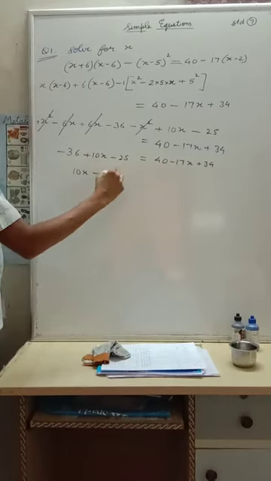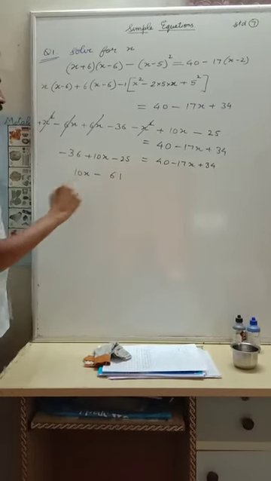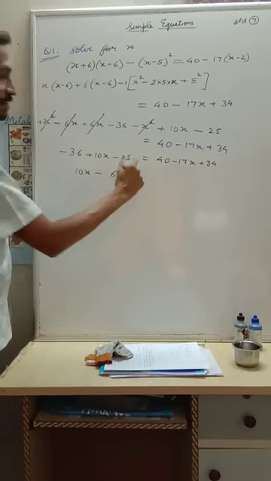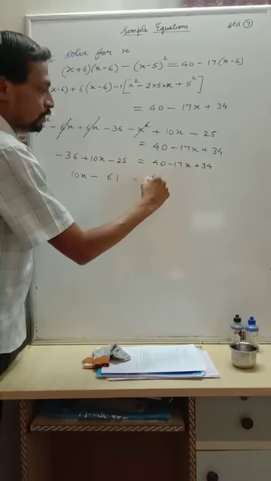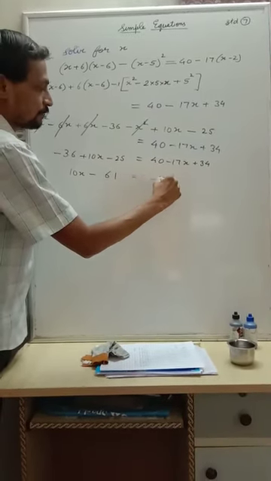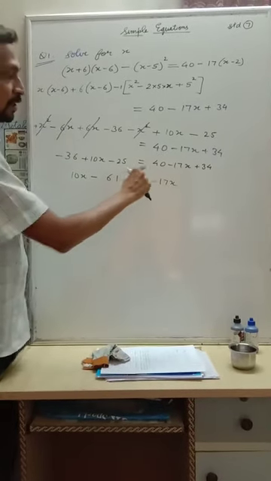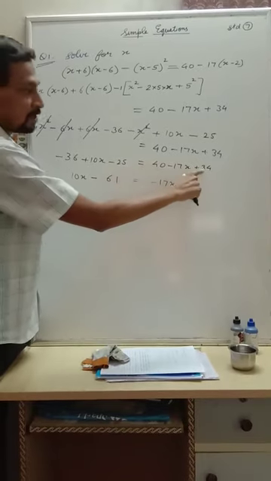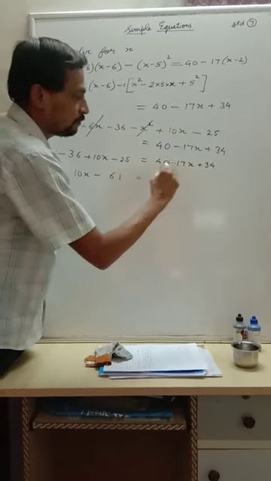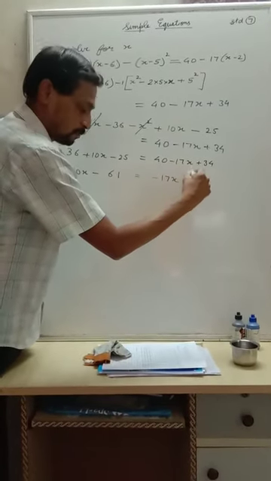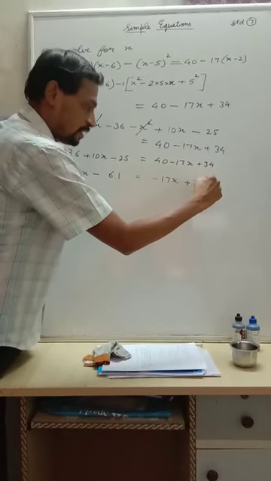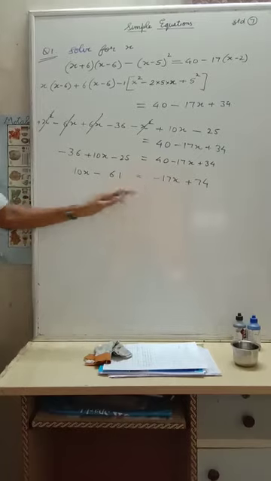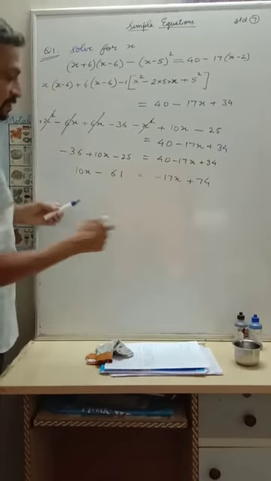So it becomes 10x minus 61 is equal to minus 17x. And friends, remember, there is no sign over here, so it is plus 40 plus 34. So it will be 40 plus 34, that is plus 74, correct? So it is 10x minus 61 is equal to minus 17x plus 74.